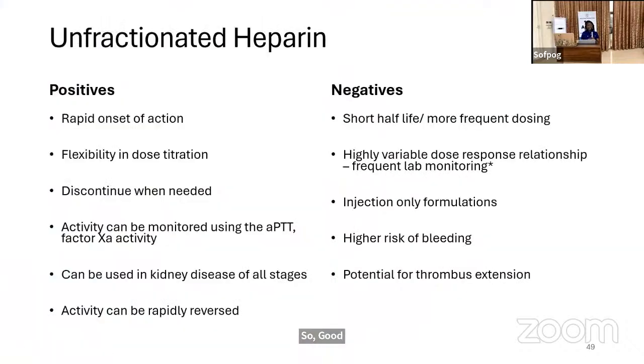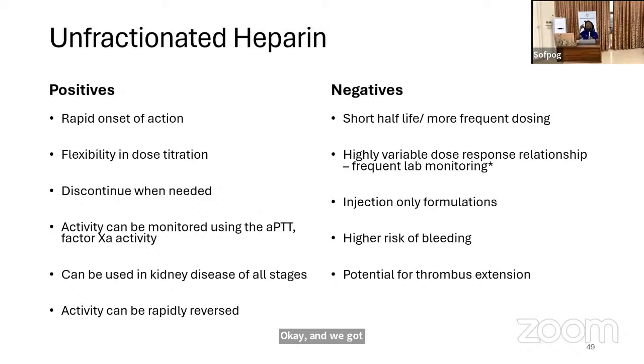What are the good things about heparin? Onset of action is almost immediate. When you use it intravenously, you can expect that your anticoagulation effect starts at that moment. It's flexible to use and titrate. You can discontinue when you want, and you can monitor the action. You can use unfractionated heparin in renal failure. But it has a short half-life, so you have to use it continuously, and we don't have any oral formulation.